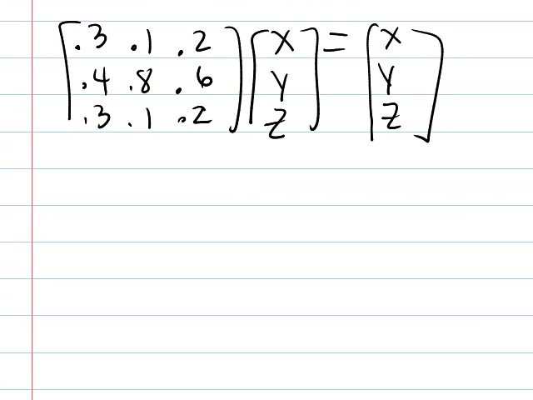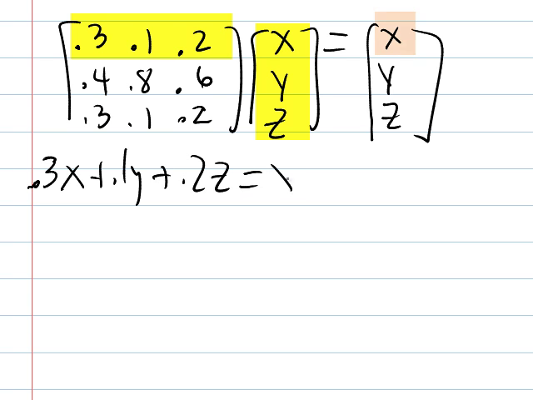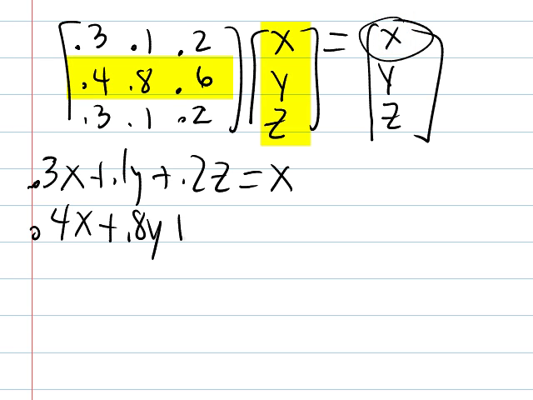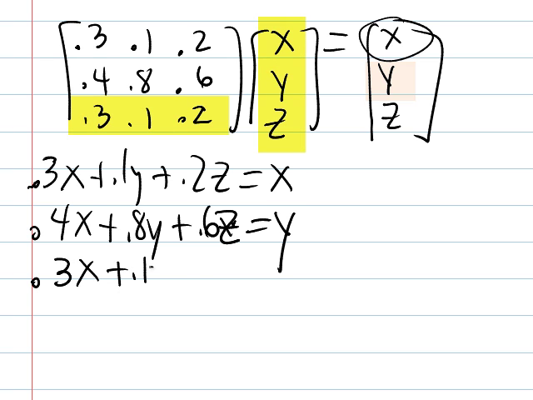Let me write that system right below it. I'm going to actually do the multiplication on the left. I get 0.3x plus 0.1y plus 0.2z is equal to x. That's in the top position over here. 0.4x plus 0.8y plus 0.6z is equal to y, and 0.3x plus 0.1y plus 0.2z is equal to z.